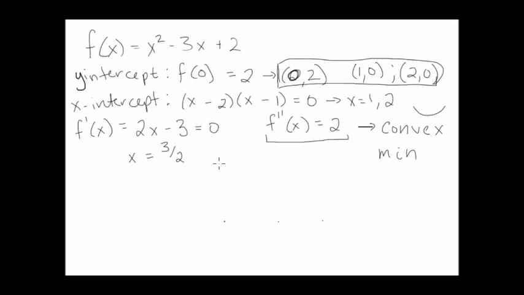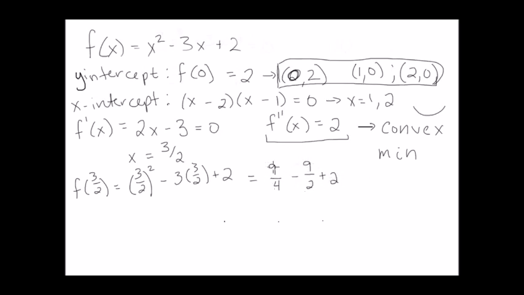I need to know the y value in order to graph it. So I'm going to plug in the value of 3/2 into my function. I get 3/2 squared minus 3 times 3/2 plus 2, which is equal to 9/4 minus 9/2 plus 2.